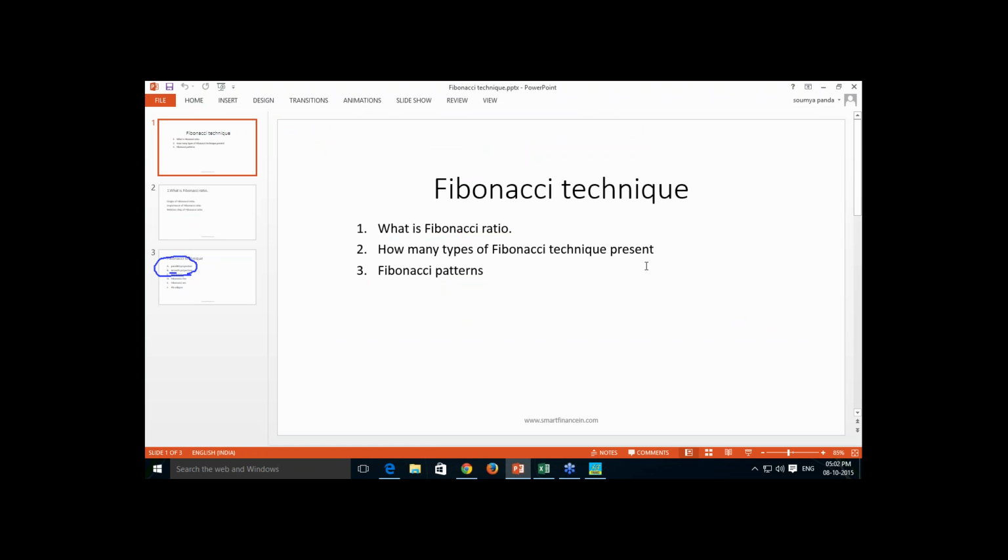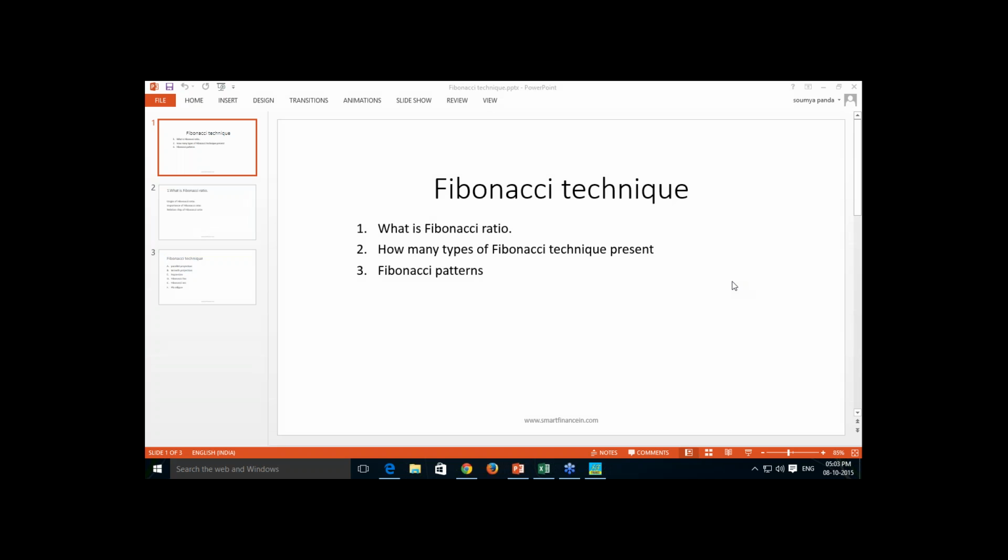We'll now move to today's session. Today's session is scheduled for the Fibonacci technique. Many aspects of the Fibonacci technique are there. We'll be learning the most theoretical aspects of the Fibonacci technique, and at the end of today's session we will also form one option strategy for this particular month utilizing this Fibonacci technique.